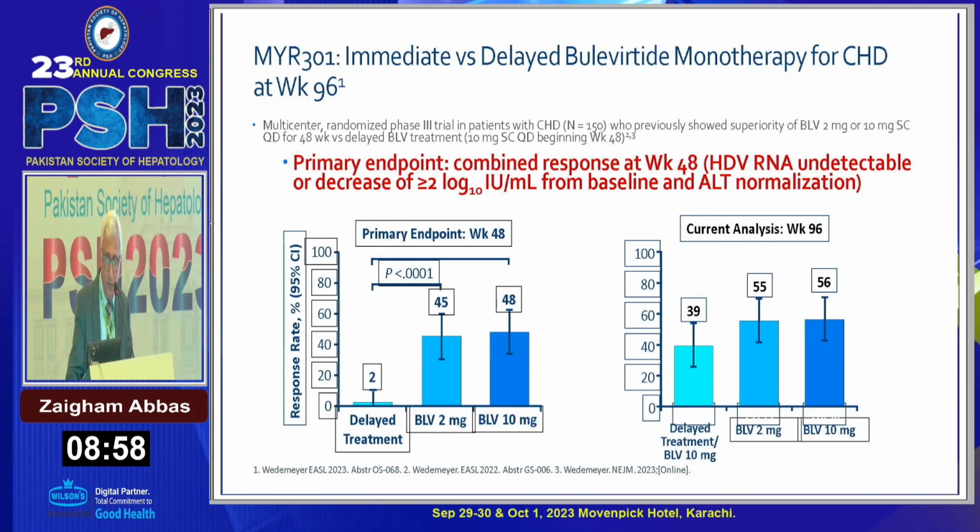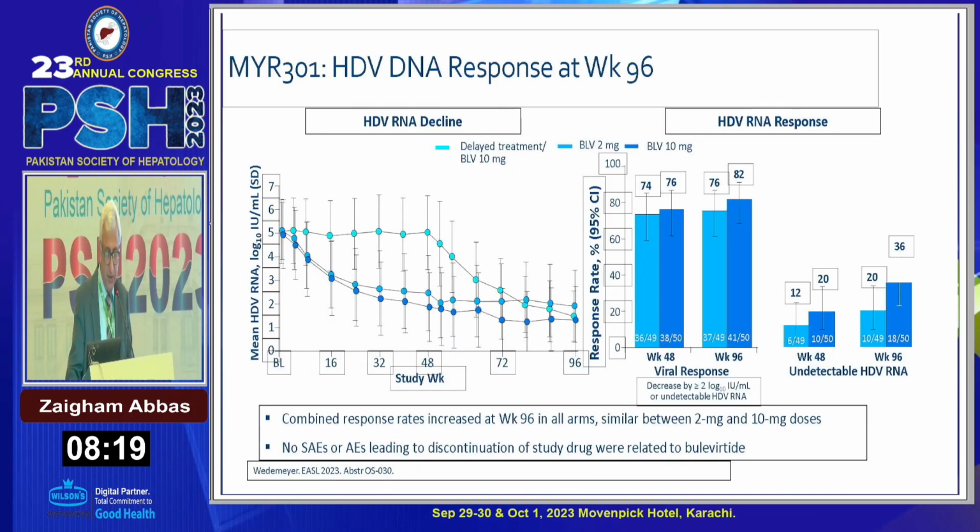The composite or primary endpoint was a 48 week decrease in HDV RNA of more than 2 log or undetectable HDV RNA, and normalization of ALT. We can see here that 2 milligram and 10 milligram achieved similar end results, and the response rate was better if you continued treatment for 96 weeks as compared to 48 weeks.